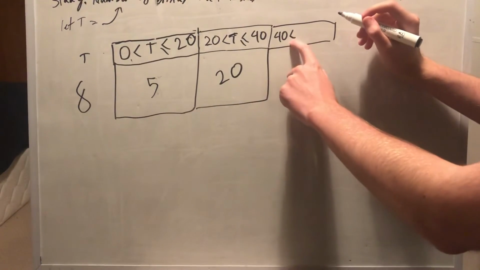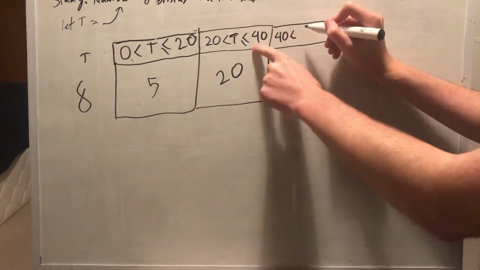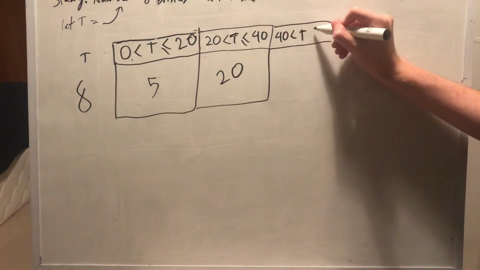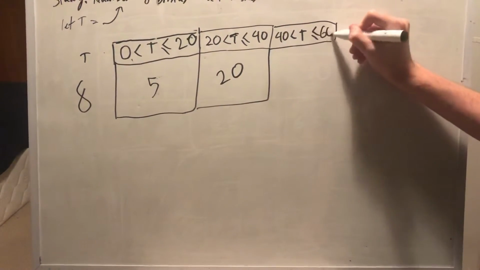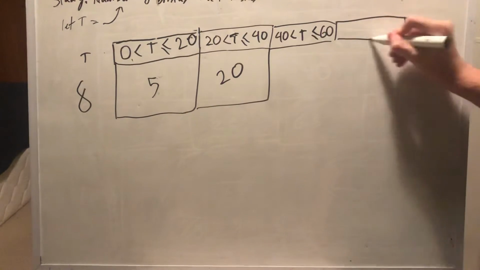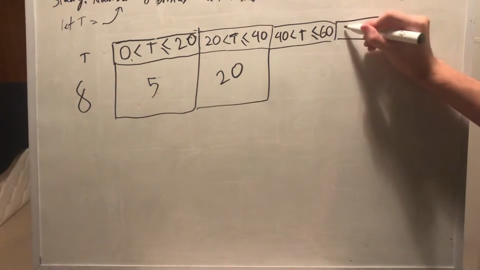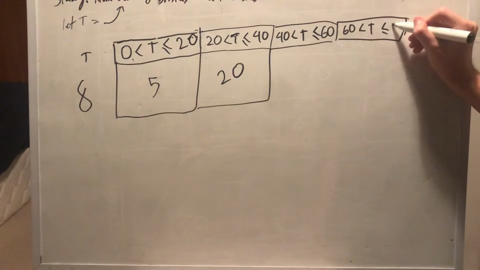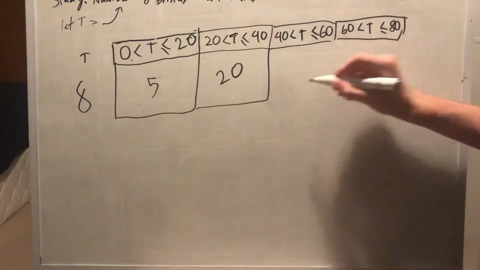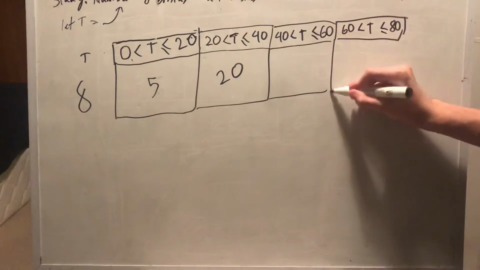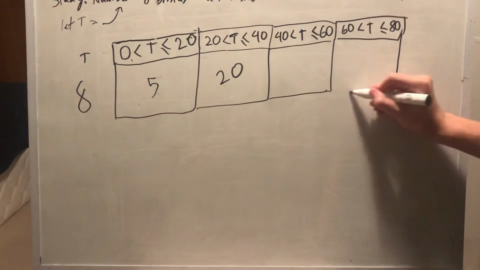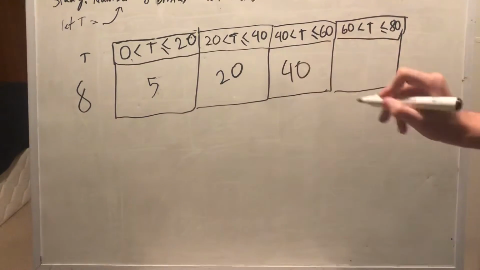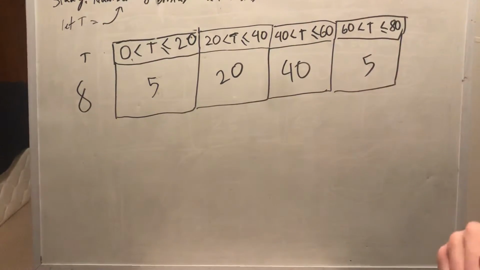Again, we have the less than sign and not the less than or equal sign, and this exists here for the same reason. 60. And actually, I'm going to make the final box as well. 80. So we're going to go up to 80. All right. So I'm going to say there are 40 here and then 5 here.